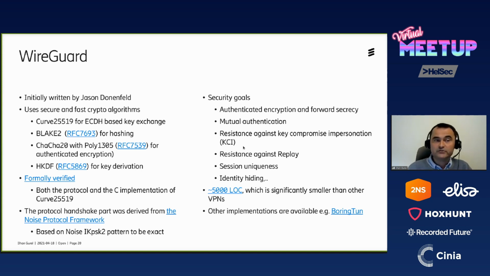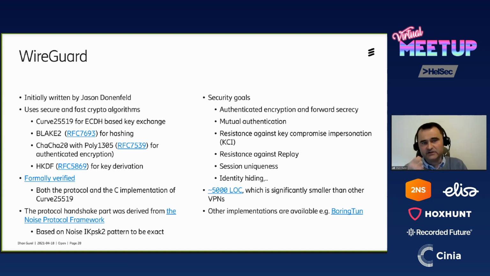It uses BLAKE2, which, as you know, was one of the NIST SHA-3 competition candidates. It's based on a ChaCha-based construction. It was designed back in 2012, but recently there's also BLAKE3, which has very impressive performance figures. For authenticated encryption, it uses ChaCha20 and Poly1305.